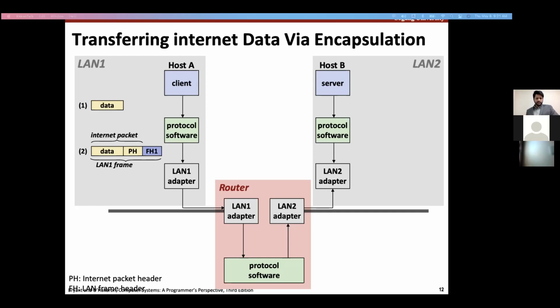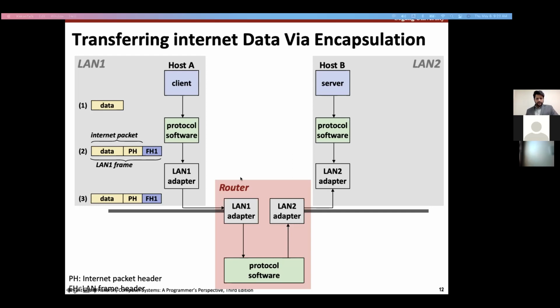Notice that the payload of the LAN 1 frame is an internet packet, whose payload is actually user data. This is basically an encapsulation example, which is the fundamental insight of internetworking.